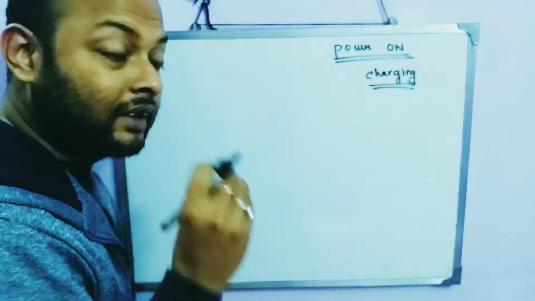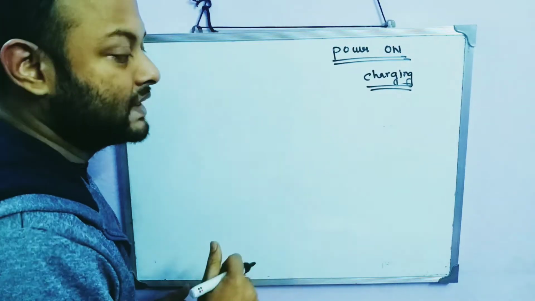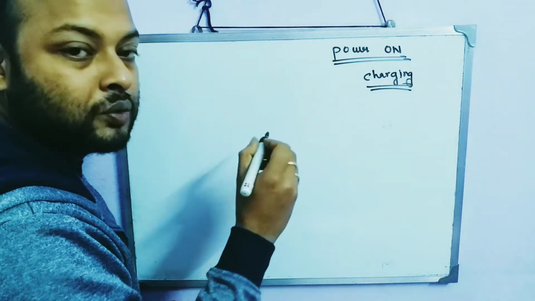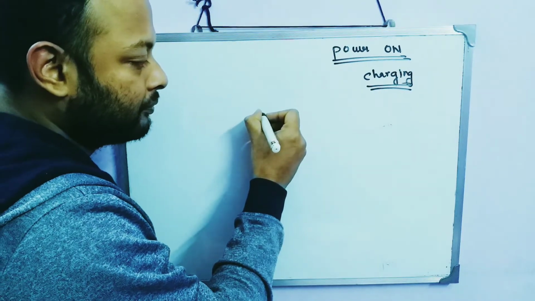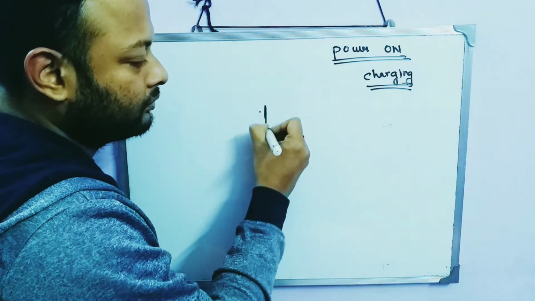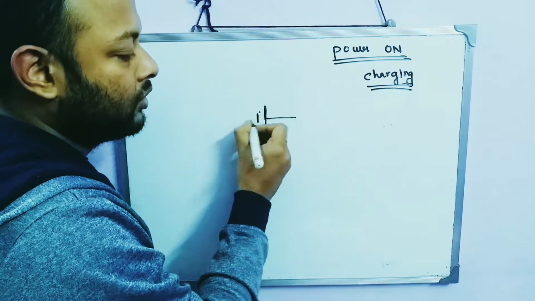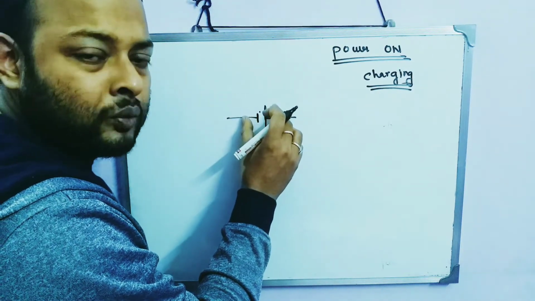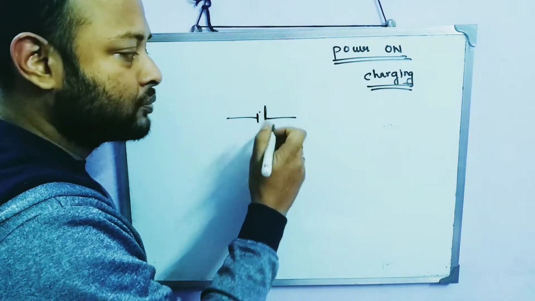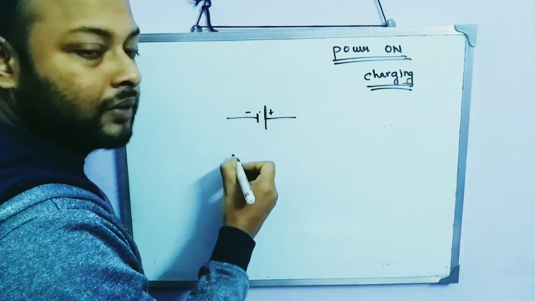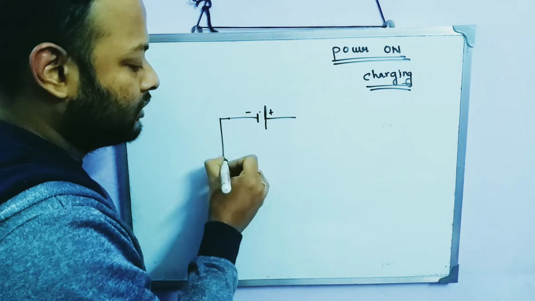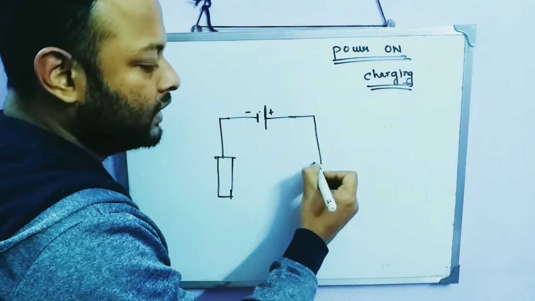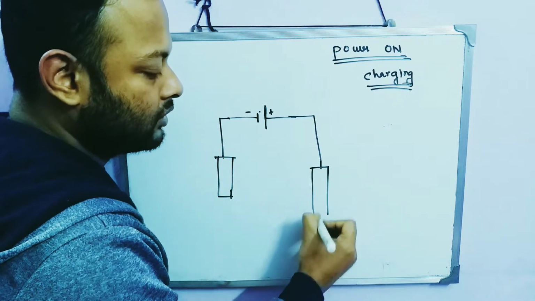See that, and this is the part in your book which is missing. So basically, if the charge is there, there is a battery. When it is charging, this is the positive terminal, this is the negative terminal, and then there are two electrodes, right?